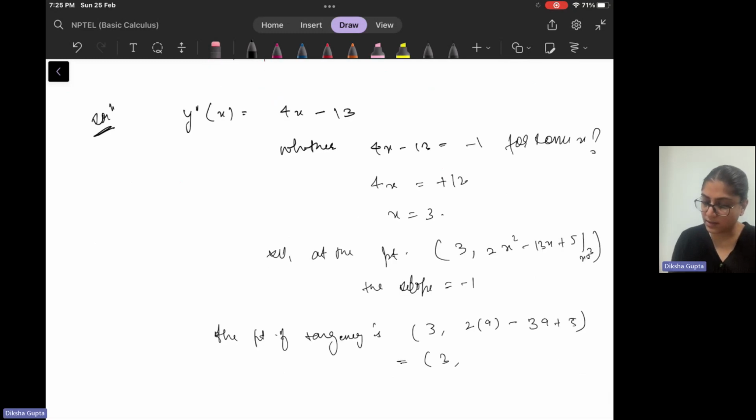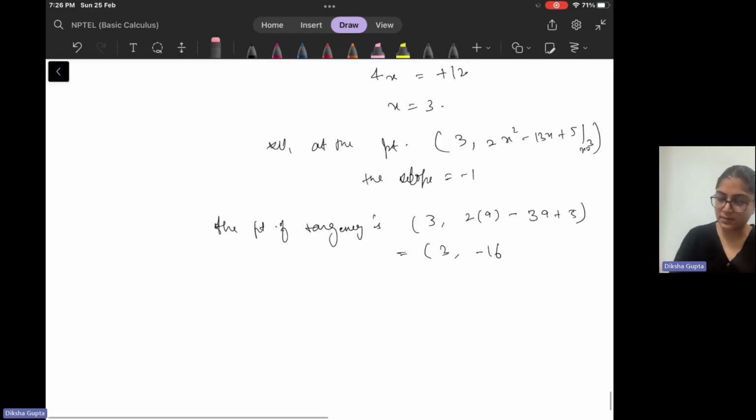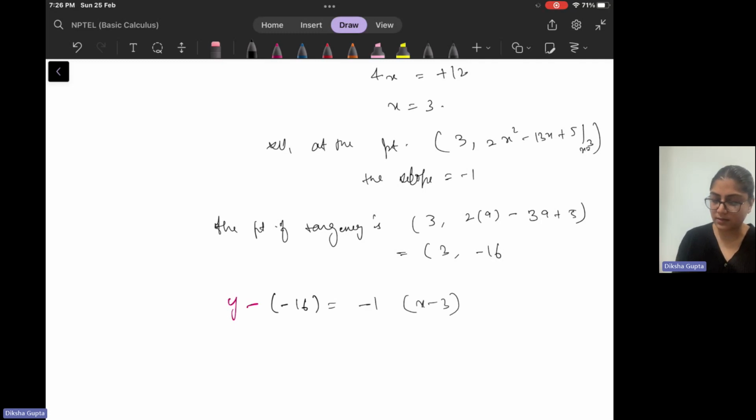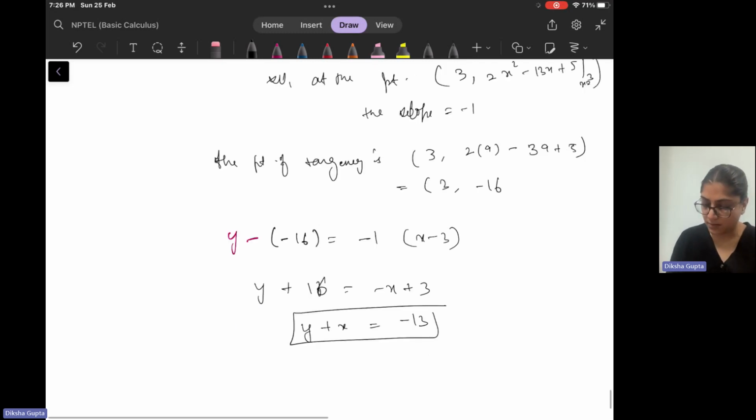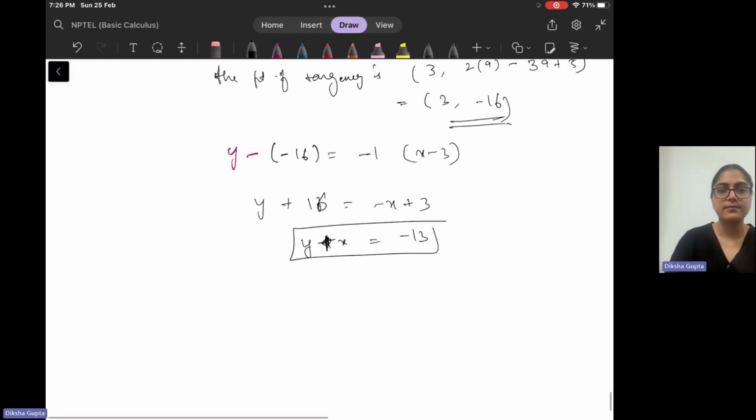So it is 18 plus 5, 23, minus 39, which is minus 16. So the point of tangency is this, and the equation of the tangent will be y plus 16 equals minus 1 into x minus 3. So y plus 16 equals minus x plus 3. So y plus x equals minus 13 is the equation of the tangent, and the point of tangency is 3 comma minus 16, right?